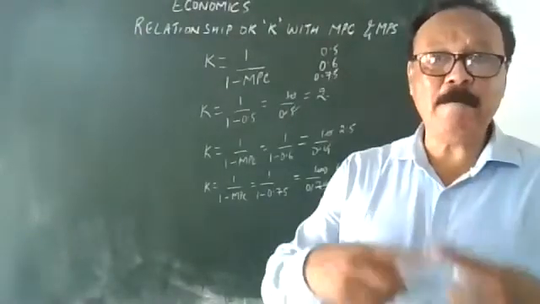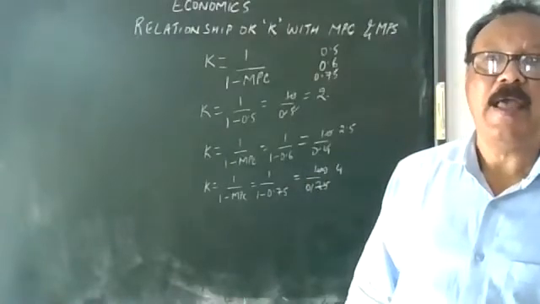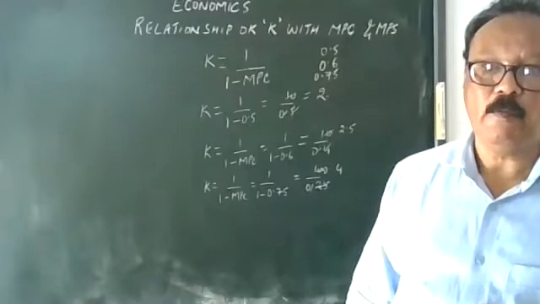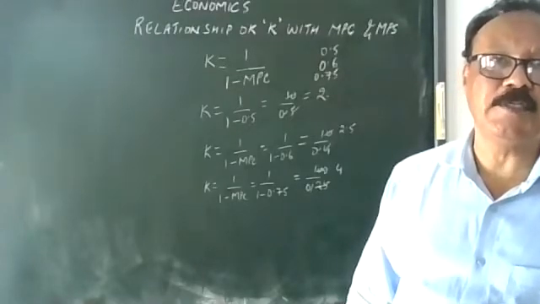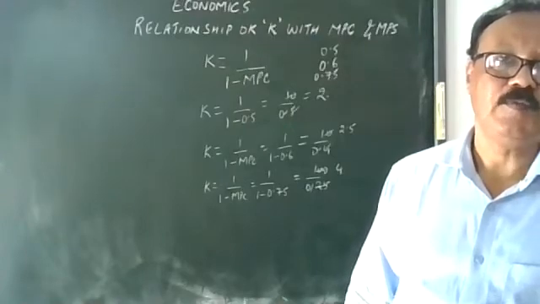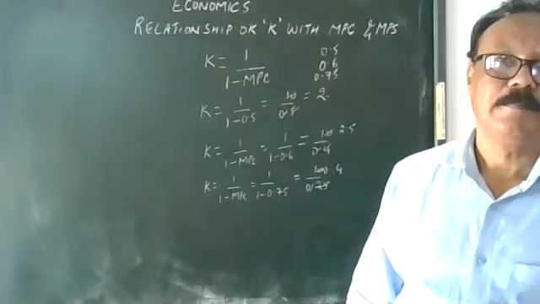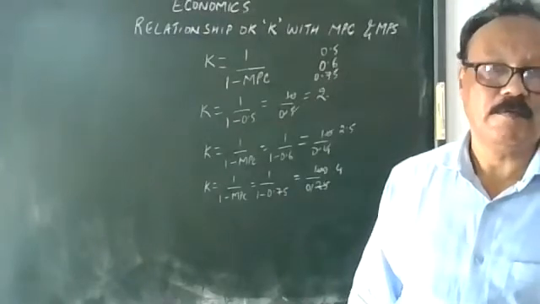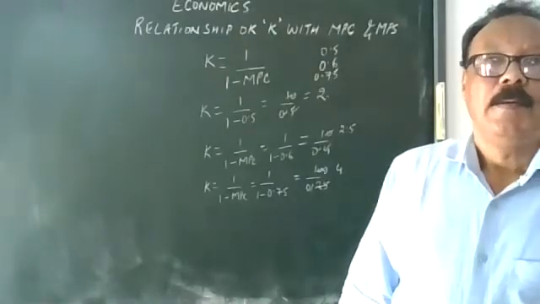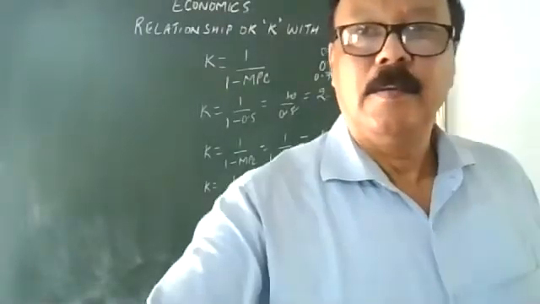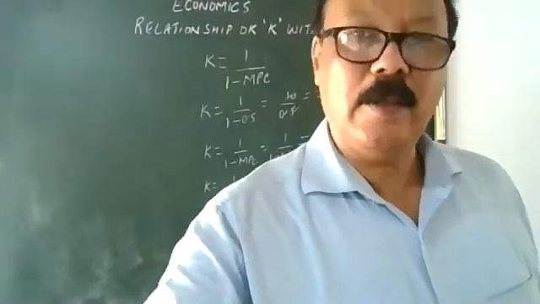The higher the MPC, the higher will be the value of the multiplier, and vice versa. Vice versa means if the MPC is only 0.2, find and tell me how much K is. Find out and see. Is it okay? Give me a nod if it's okay. Okay, thank you.